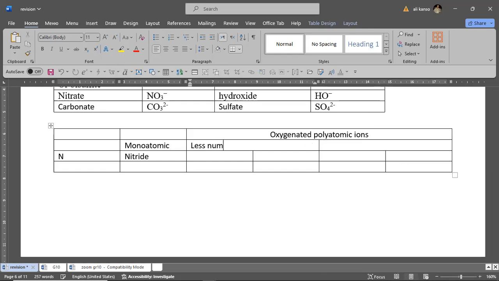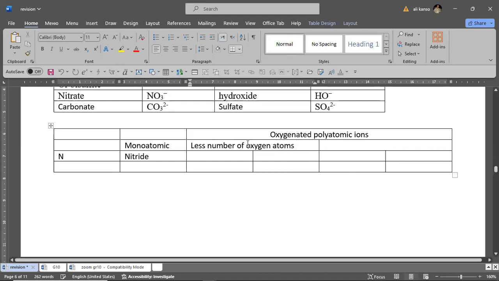Less number of oxygen atoms and more number of oxygen atoms.